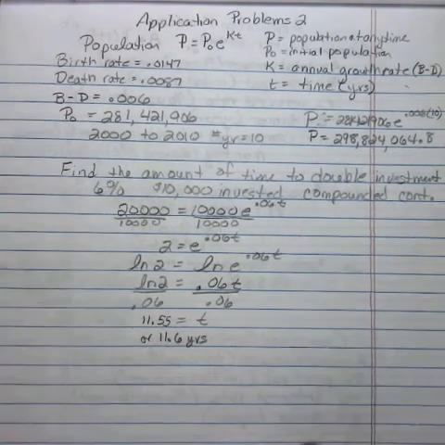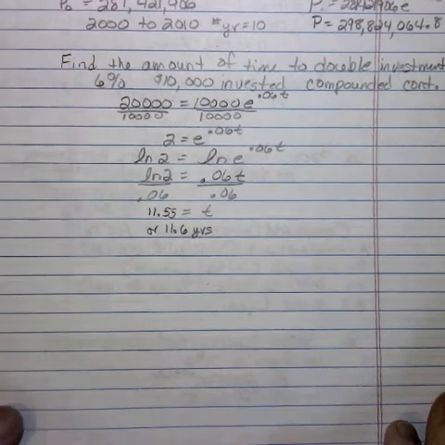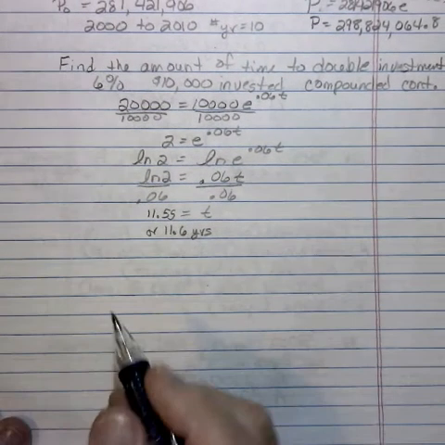Another type of problem that might occur is a half-life, and this often occurs with radioactive material.